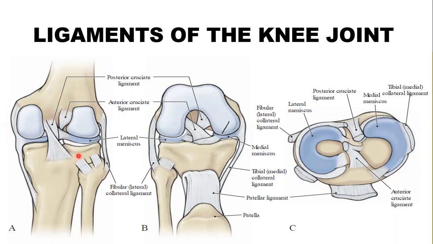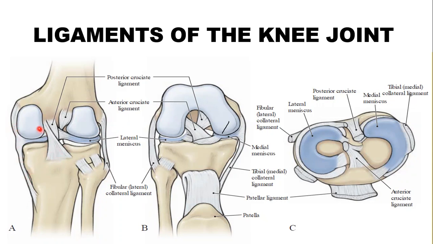Then you're going to have ligaments, on the medial aspect and the lateral aspect. On the lateral aspect of the knee joint, you have the fibular collateral ligament, or the lateral collateral ligament, and on the medial aspect, the tibial collateral ligament, or the medial collateral ligament.